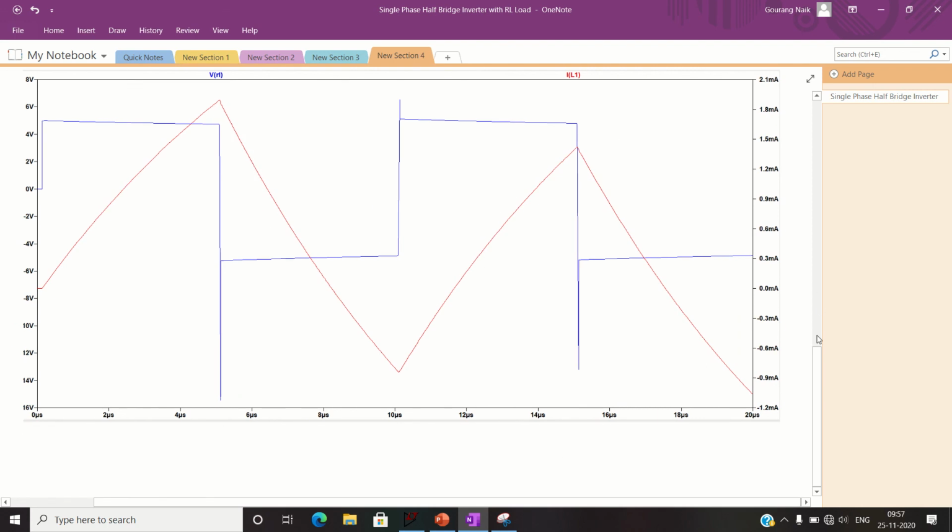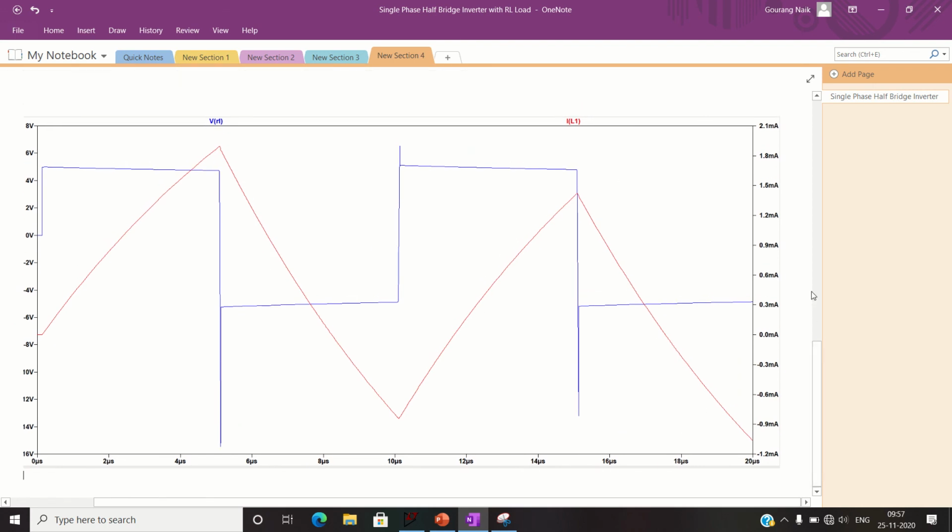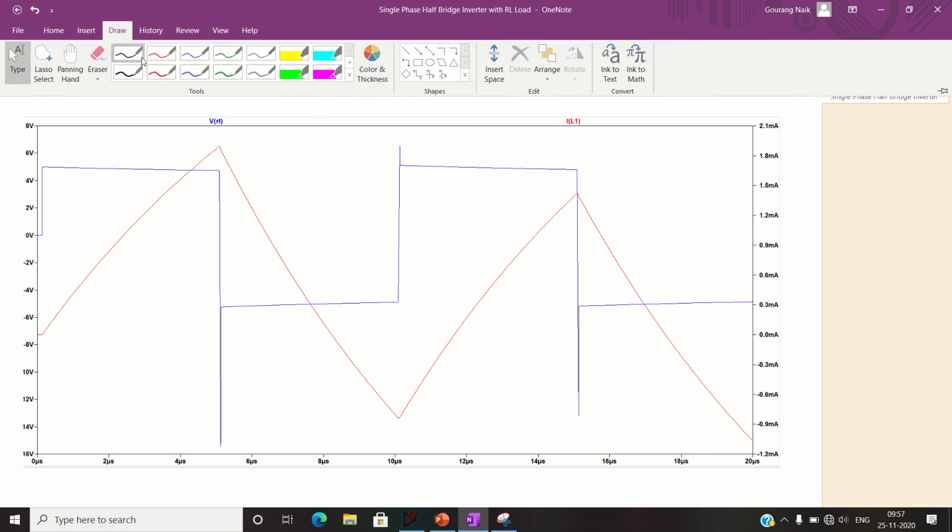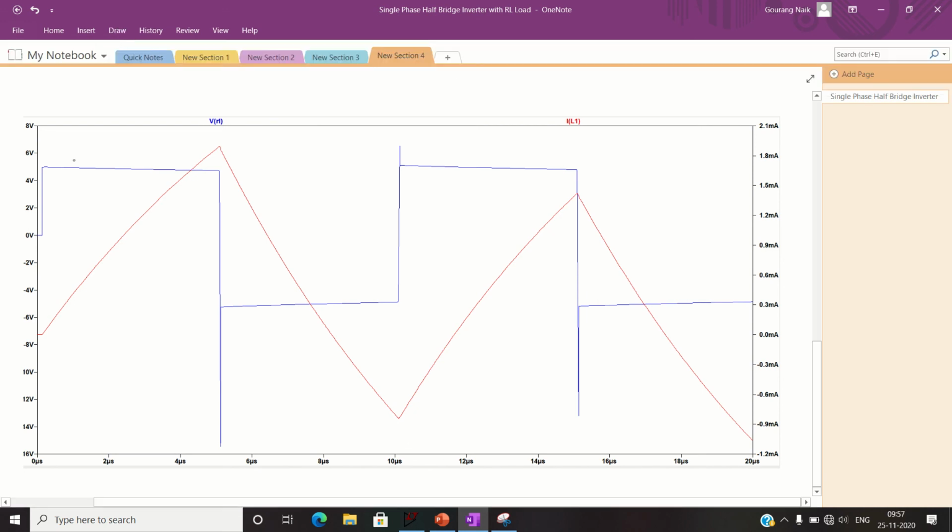So what we can see here is the waveform of our simulation. On the left hand side you have voltages, that is with respect to VRL, the load voltage, and on the right hand side you have a scale for current. One thing you can observe is my positive voltage is going around 5 volts.